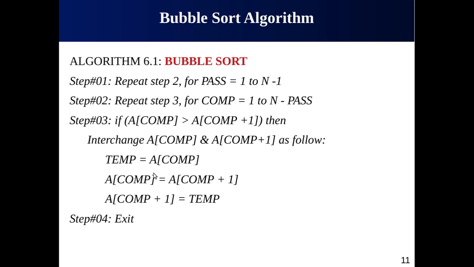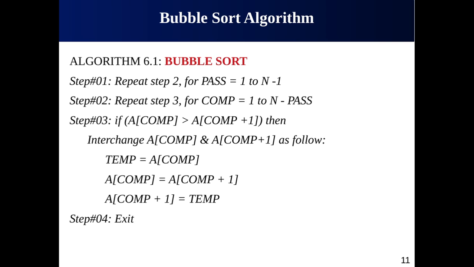So this is actually swapping. You have assigned the value of the second location to the first location. Now it's time to assign the value of the first location to the second location. The value of the first location has already been saved in the temp variable, so it's time to assign the value of the temp variable to the second location, a comp plus 1. Actually it is interchanging the value of a comp with the value of a comp plus 1.